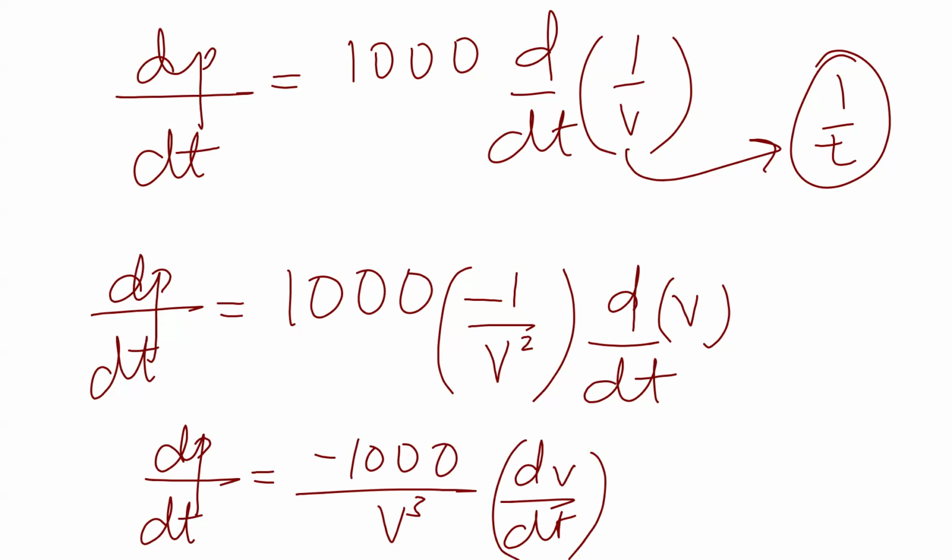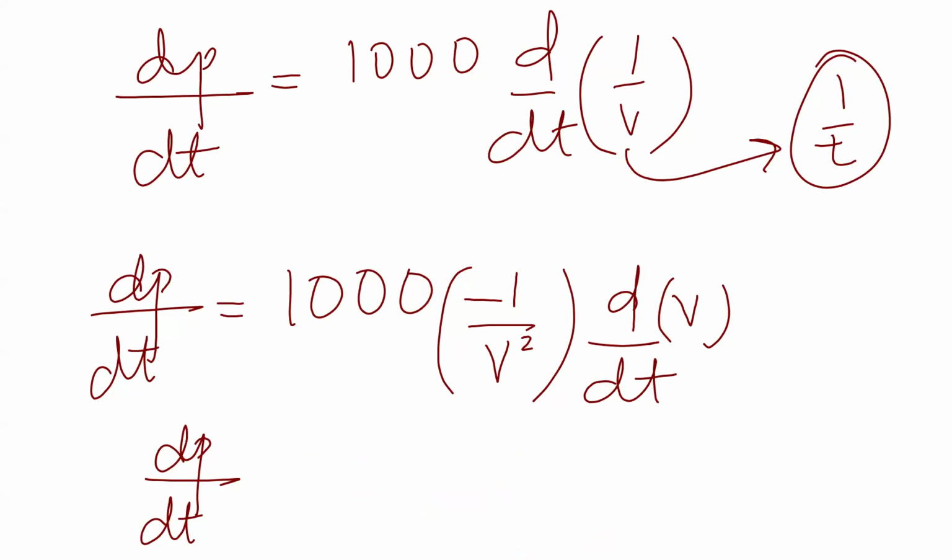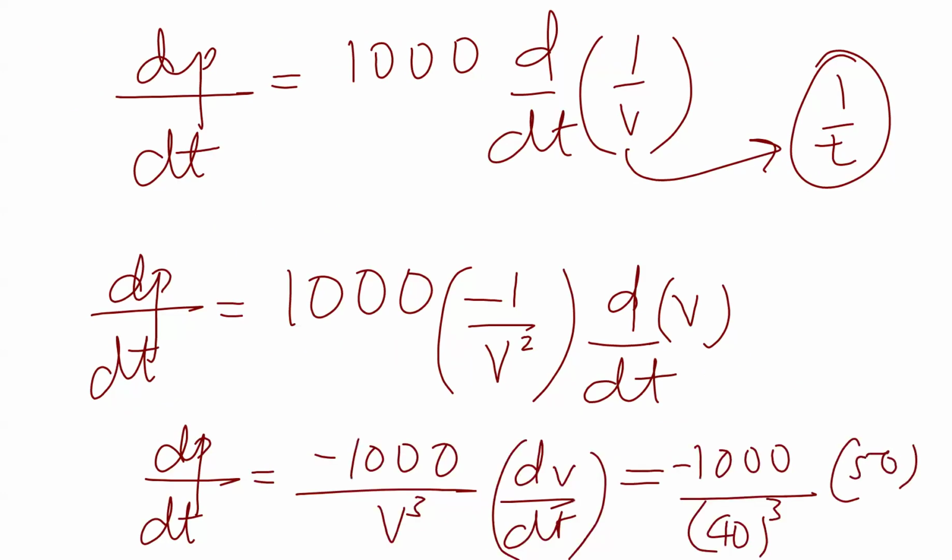We'll put those values: minus 1000 upon V cube, V is 40, 40 cube, dV by dt is 50.